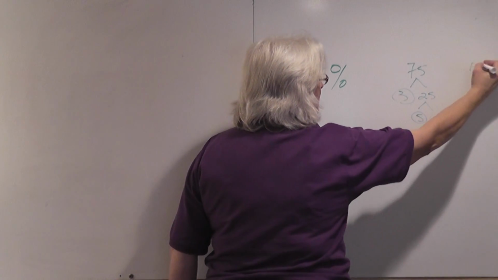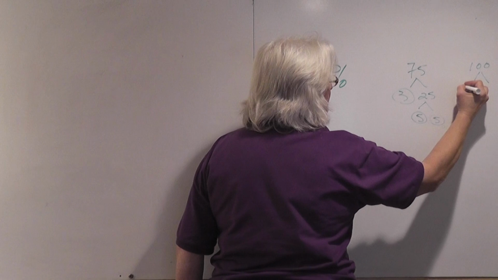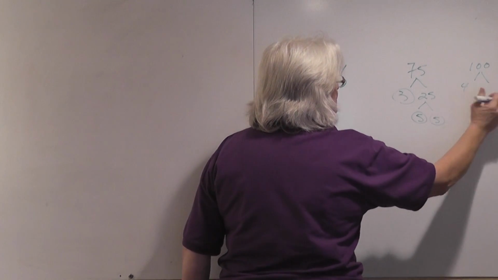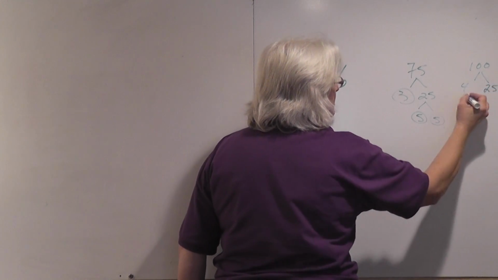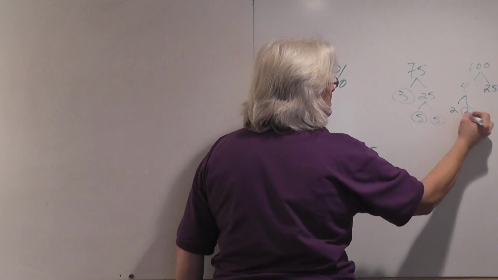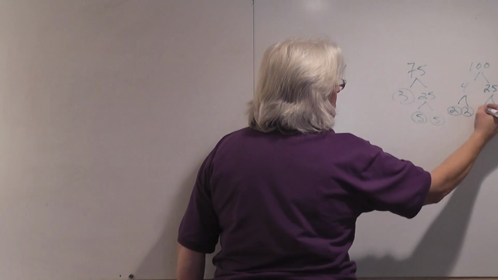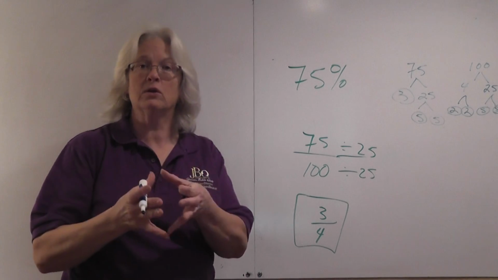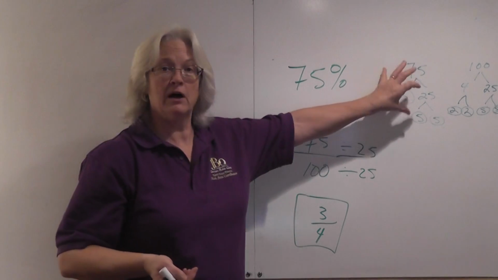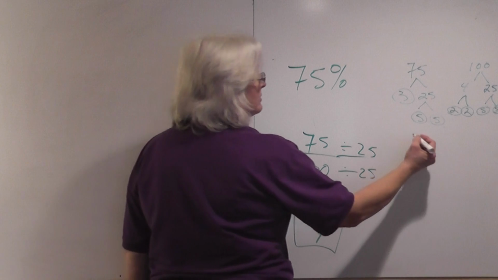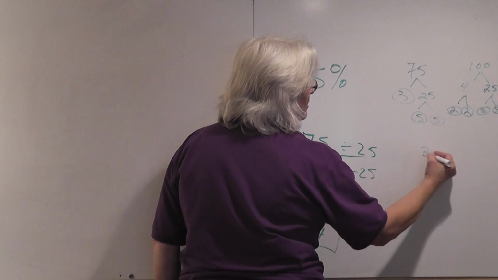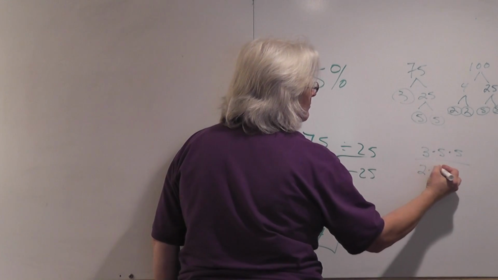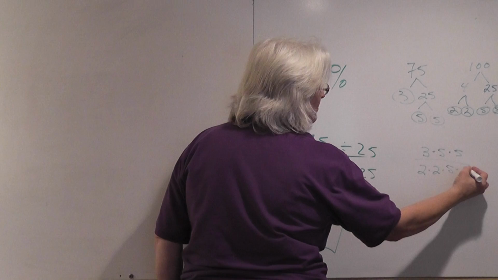And I can prime factor 100: 4 times 25, 2 times 2, and 5 times 5. And then you can write 75 in prime factored form in the numerator, 3 times 5 times 5, 100 in prime factored form in the denominator.